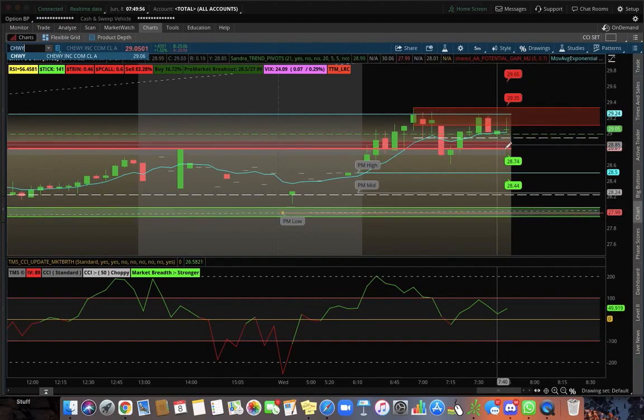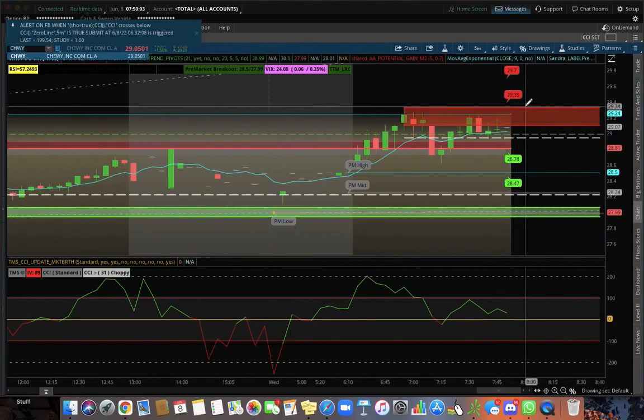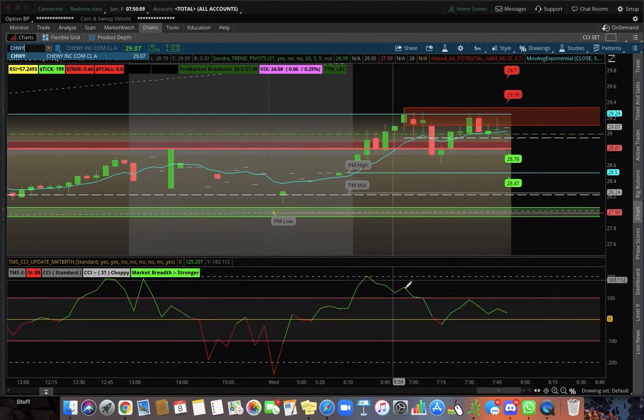Well, here is your point of control right here. So it's above point of control. You're sitting right at the 9. You really need it to break resistance, right? And that resistance is 29.39. Your CCI has stayed positive, but I will tell you that this stock in specific has a red label, which means that the IV is high.